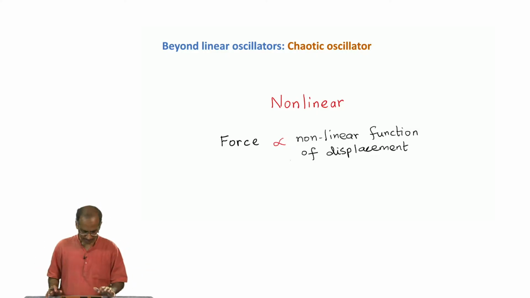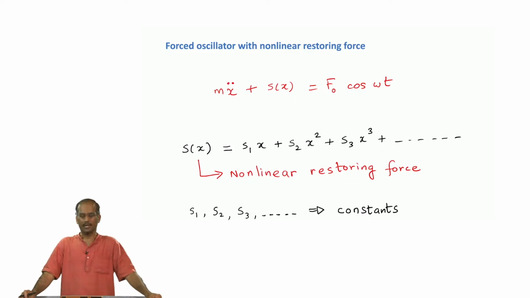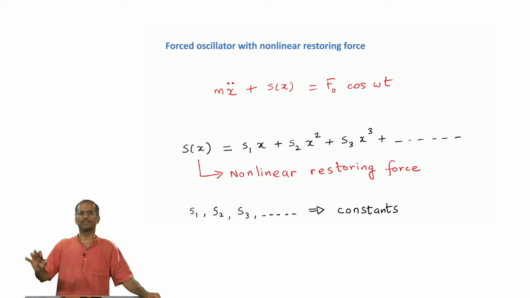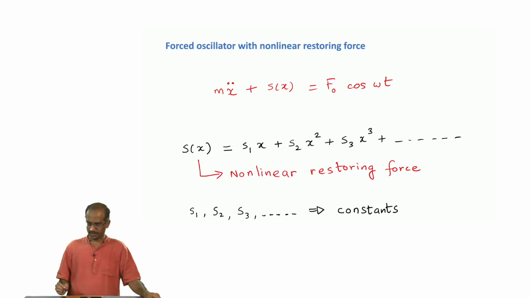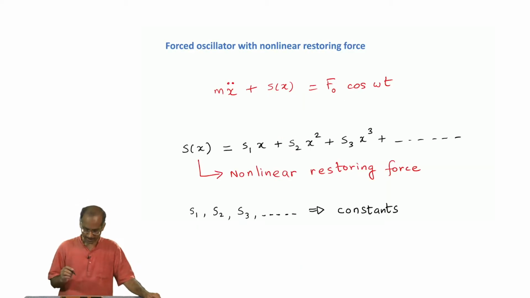So, this is my idea of nonlinearity, and we had already seen in the last two classes what it does to linear systems when you add nonlinearity. Like for instance, in the last class we wrote down an equation of motion of this form, m x double dot plus S of x is equal to a driving term f0 cos omega t, where omega is the frequency of driving, and S of x is the nonlinear restoring force.